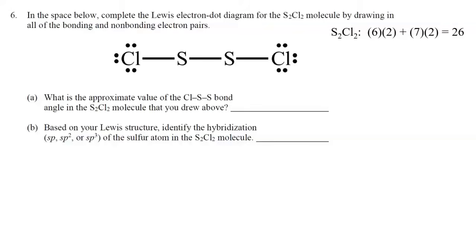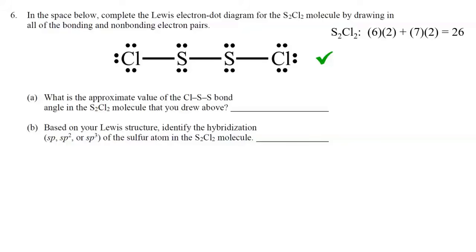So I still have more electrons I can use as lone pairs, 20, 22, 24, and 26. Now, with 26 valence electrons, I was able to satisfy the octet of all of these atoms without using any multiple bonds. So that Lewis electron dot diagram is now complete.